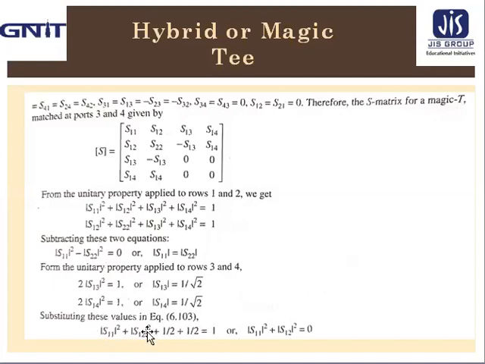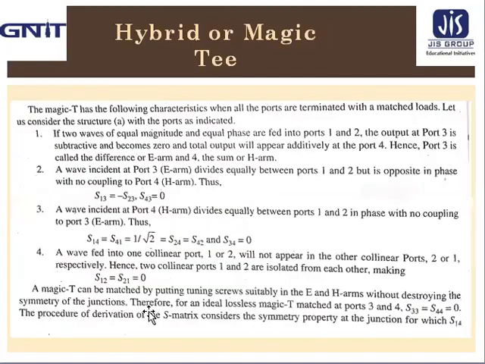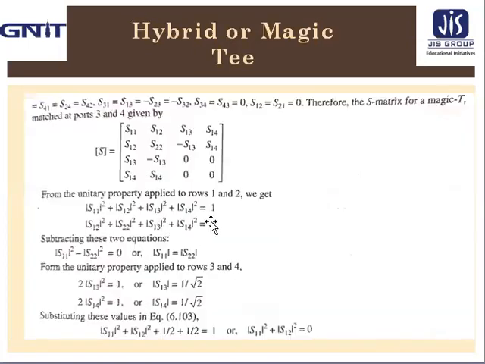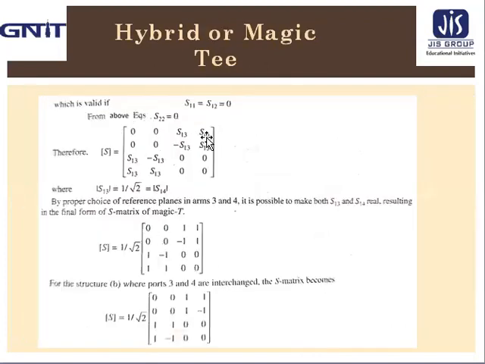And substituting these values into these two equations, we can write mod of S11 square plus mod of S12 square plus half equal to 1, and finally mod of S11 square plus mod of S12 square equal to 0, which is valid if S11 equal to S12 equal to 0.